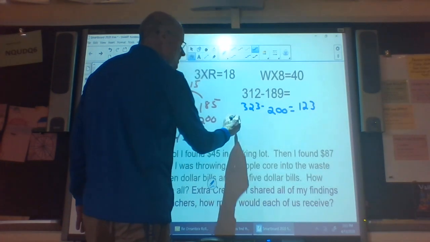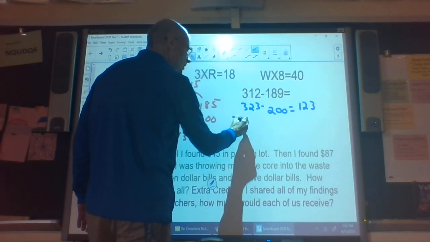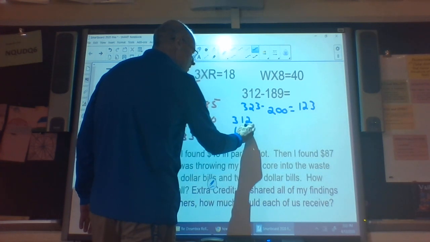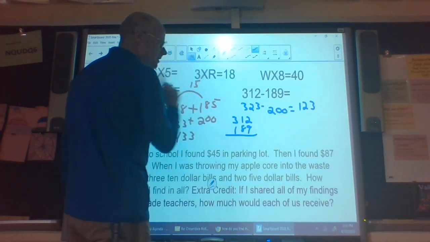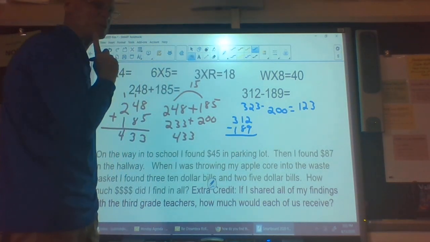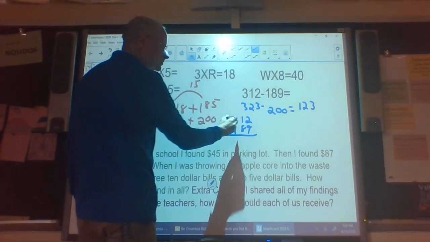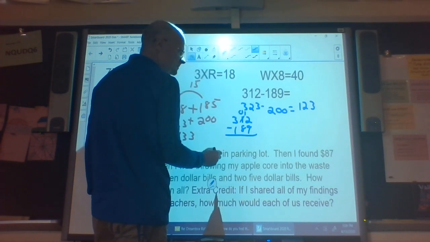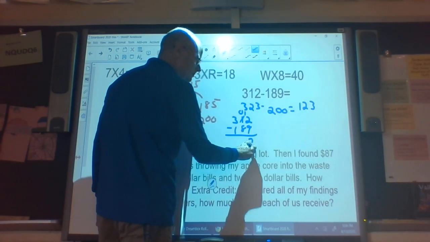Let's do the same problem, standard algorithm. 312 minus 189. Here's the problem. 2 take away 9. Can't do 2 take away 9, so I have to go next door, borrow some sugar. Make that a 0, make this 12. 12 take away 9 is 3.